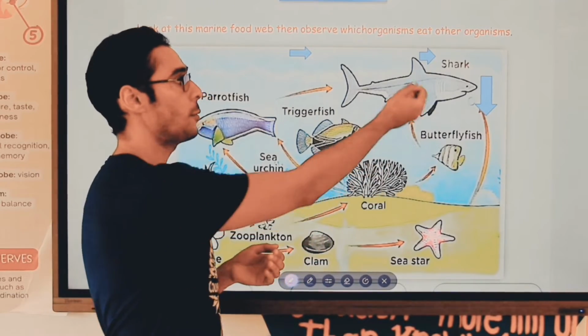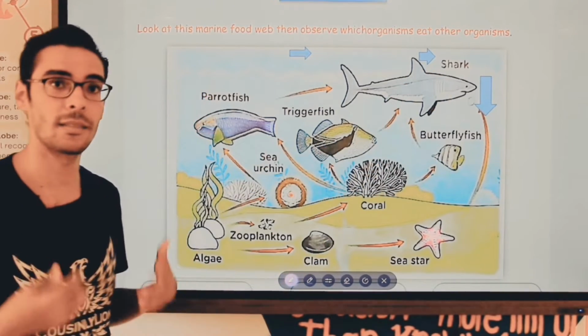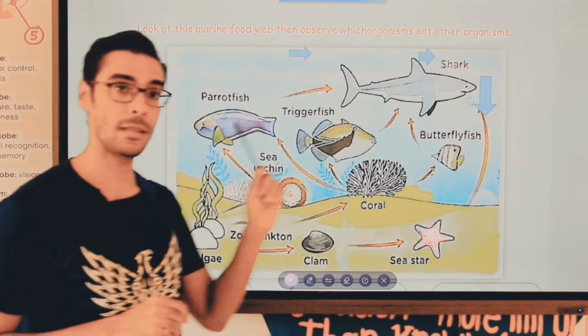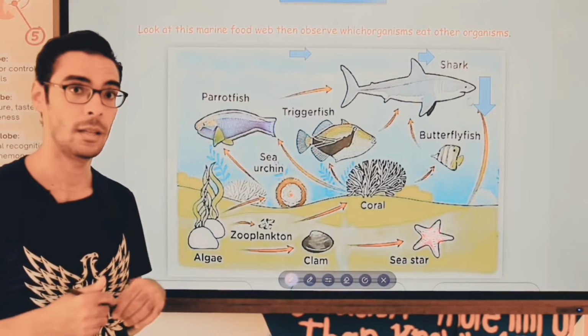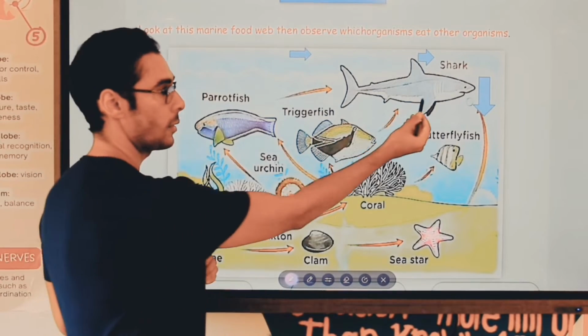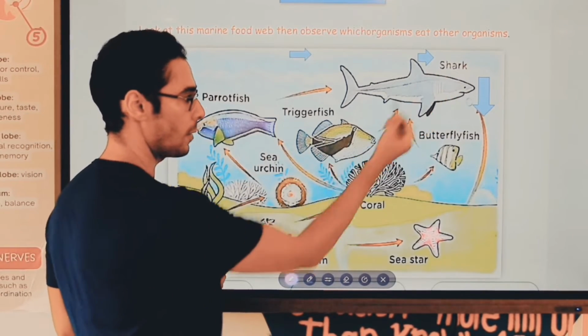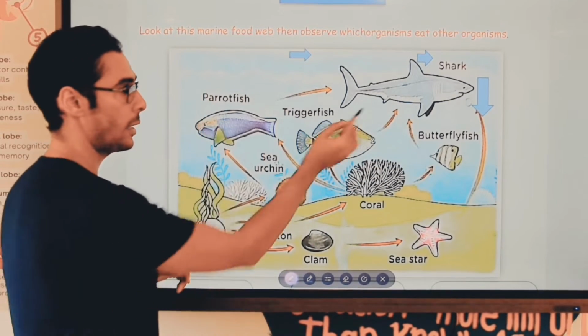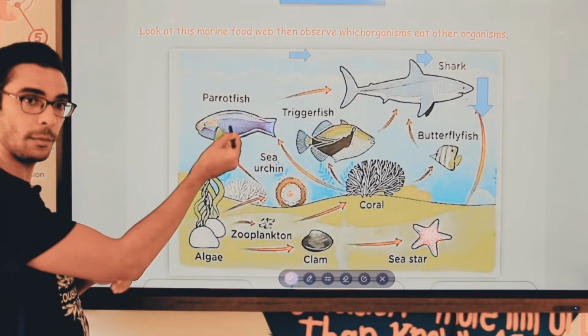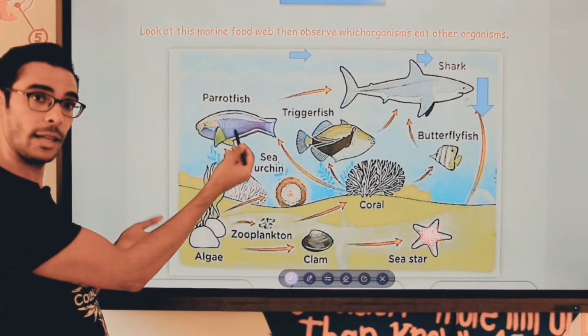Finally, the turn comes for the shark. The shark here represents the top predator. But besides that, the shark represents a tertiary consumer at the same time. How? Let's take a look here. The shark is the top predator because it feeds on the triggerfish and the butterfly fish together. But don't forget, the shark here feeds on the parrotfish as well, which is a secondary consumer.